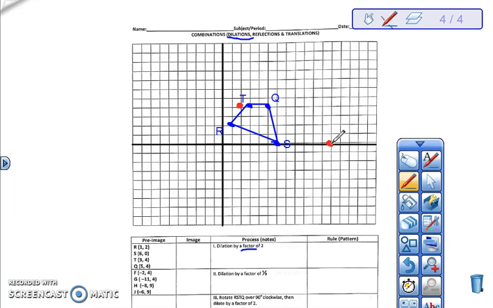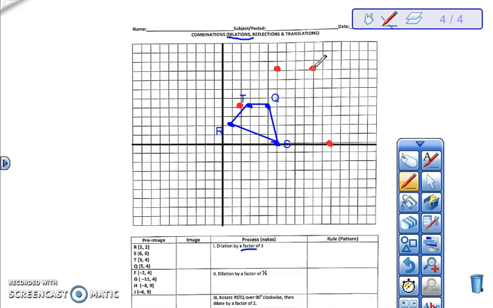If I take T, which is at 3, 4, and I double it, it's now at 6, 8. And then the last point, Q, it was at 5, 4. Now it is at 10, 8.